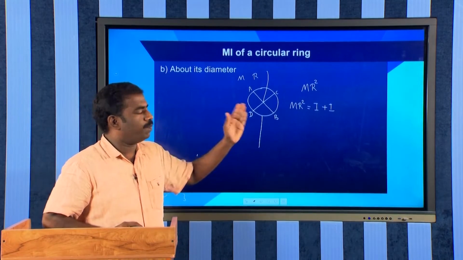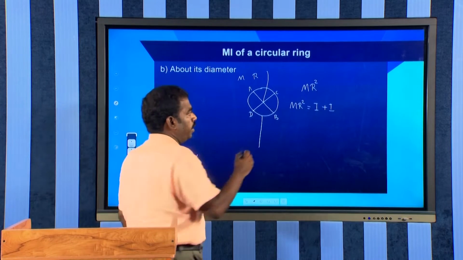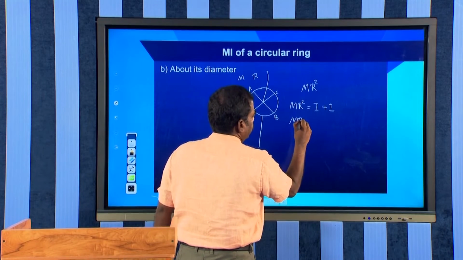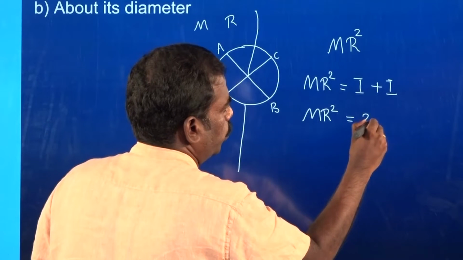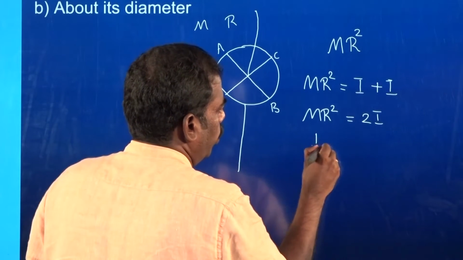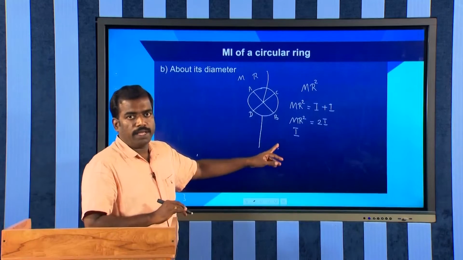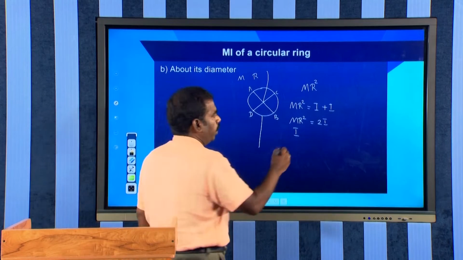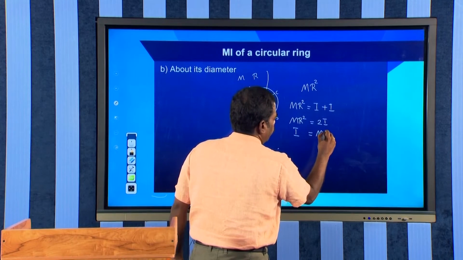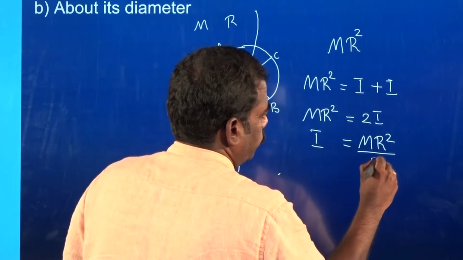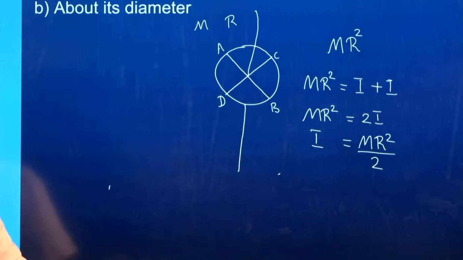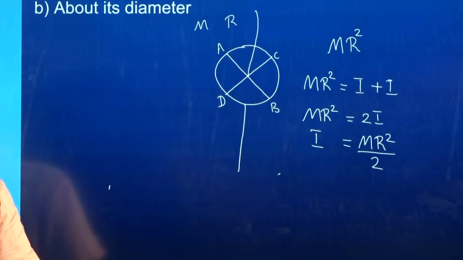So, I plus I gives MR square equal to 2I, or the moment of inertia of the ring about the diameter is given by I equal to MR square by 2.